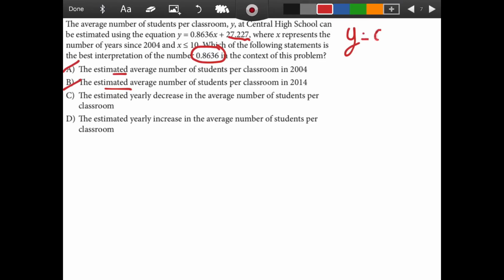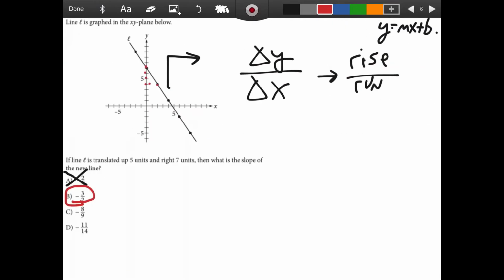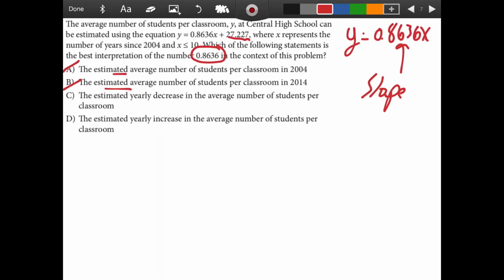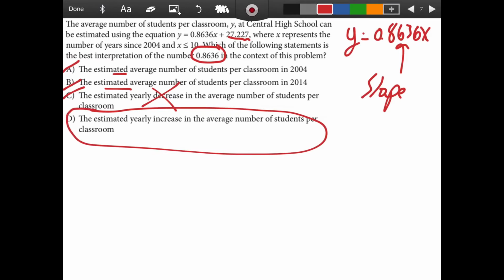So it's important to recognize that is the slope. Now, just like the previous example, where this line was negative, we knew it had a negative slope. But this 0.8636 is positive, so right away I know that it is going to increase. So I can eliminate choice C, because it's not going to decrease, thus making choice D the correct answer.